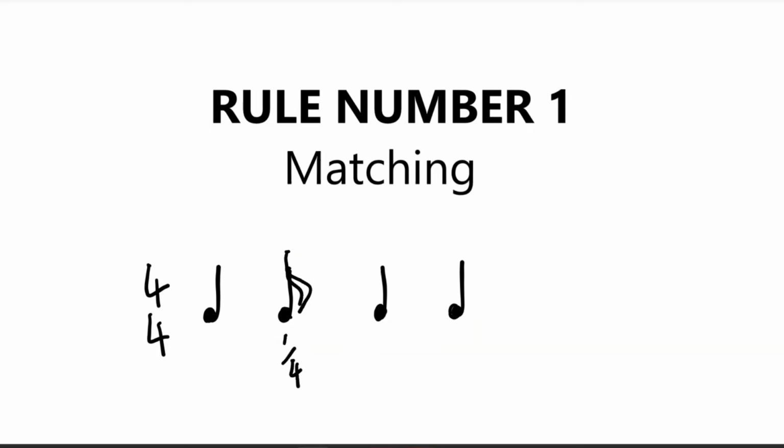And so we have to match it first with another quarter. And now that it has been matched, it adds up to a half and will be treated just as a half. I can now add another half on. So you match it first, then you complete the rest of the group.